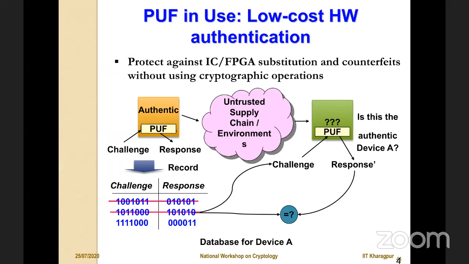That means by seeing a bunch of challenges and responses, it should not be possible to build a model which reveals the response for a challenge which has not yet been seen. Therefore, the PUF has to be strong against machine learning attacks, and that is what is meant by saying that it's a strong PUF.